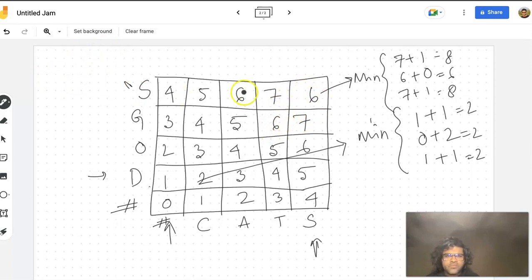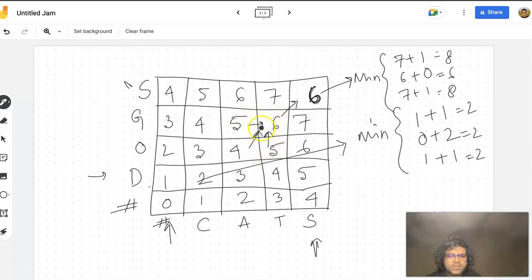So basically, if we backtrack, when you came here, this 6 is coming from this one. Similarly, this 6 can be from here also, because for all these things it will be 6.